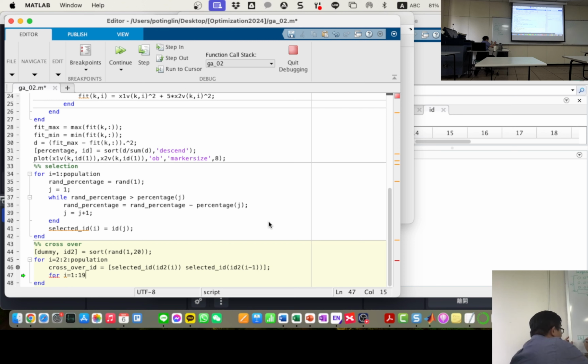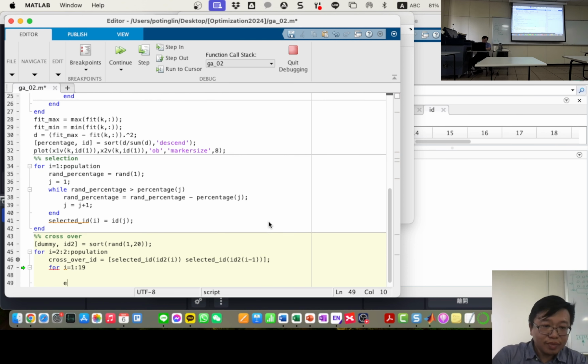So I'm deciding, okay, this is my pointer. So this is my 20th. This is my 19th. So over here, okay, if we decide to do crossover at 19, then the tail swapped with others. So we only need to do this crossover decision at the middle of 2 IDs. Okay, so from first one to the one before the last digit. So from 1 to 19.